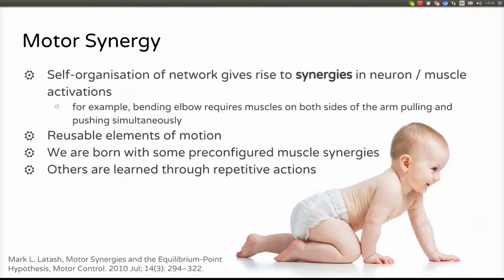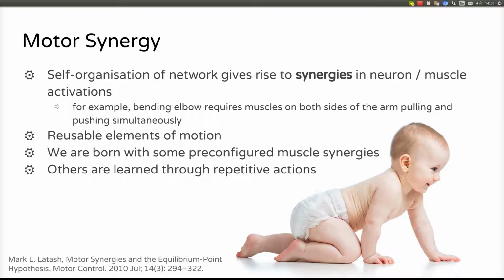So we don't start with nothing. When we're born, it is postulated that we start with a set of motor synergies. So a very simple one would be that when we bend our elbow, we have muscles on both sides of the arm pulling and pushing simultaneously in order to achieve the bending action. So some of these obviously we're born with, and some of these we develop over time, but these motor synergies, if you like, are reusable elements of motion.